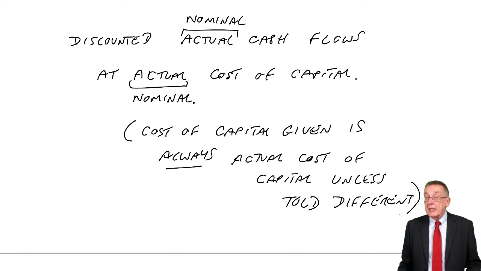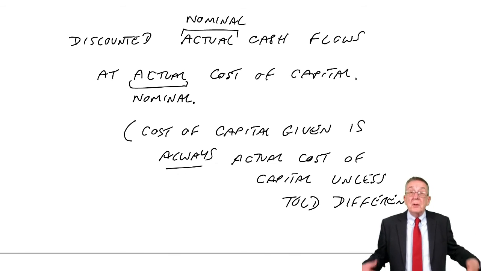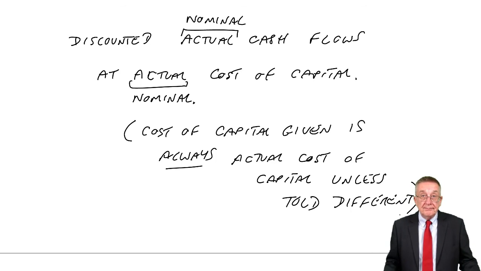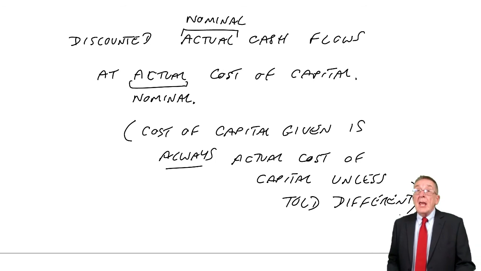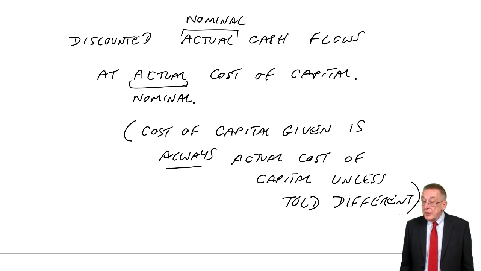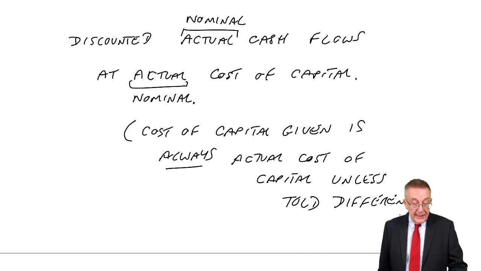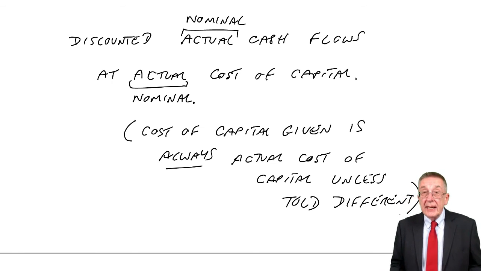And having got the actual cash flows, then as normal, discount at the actual cost of capital. However, because there are situations when another approach might be needed, we're going to have one more lecture on this chapter, again looking at inflation.